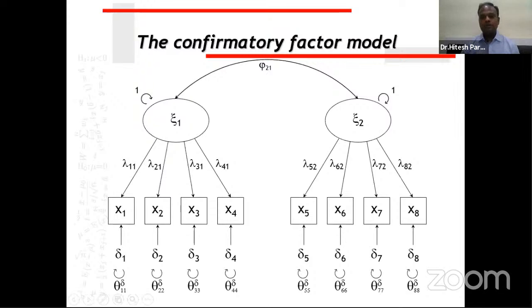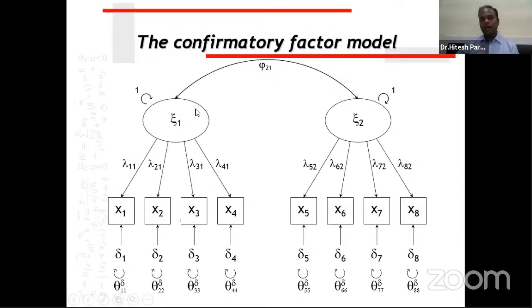We are also aware that x1 to x4 is store image. So the name of the first factor is store image, and the name of the second factor is satisfaction. We need to estimate the contribution of each variable with respect to its factor.